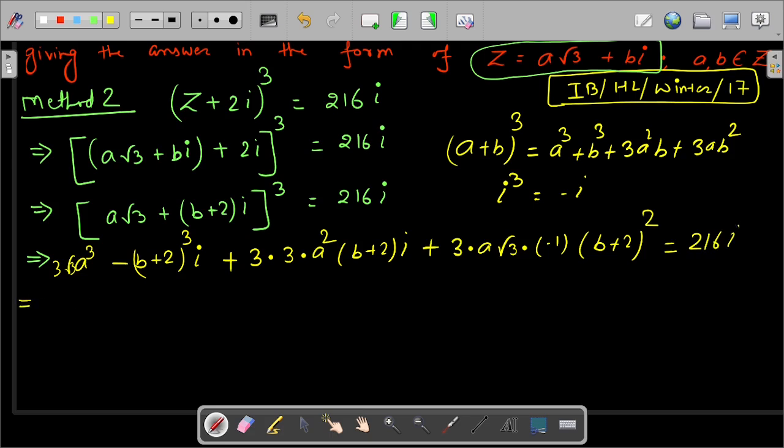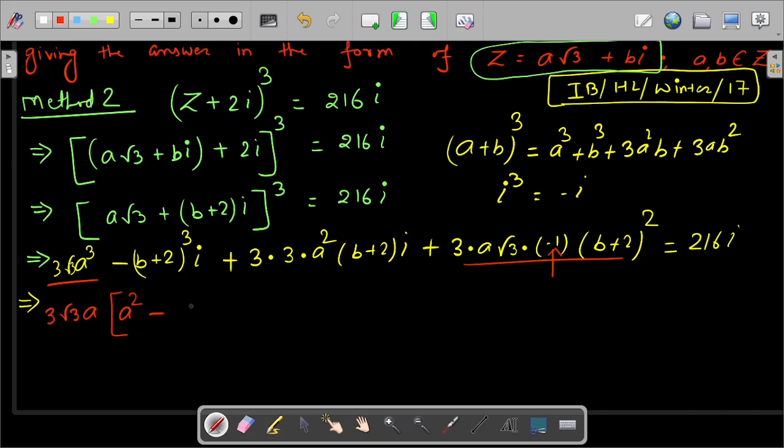Let us collect all the real terms together and imaginary terms together. This is the real term and this is the real term, so collect them together, and I can see that 3√3a is common. So let us take it common. From here you will get a square, sorry, here you will get minus, because you have a minus 1 here.